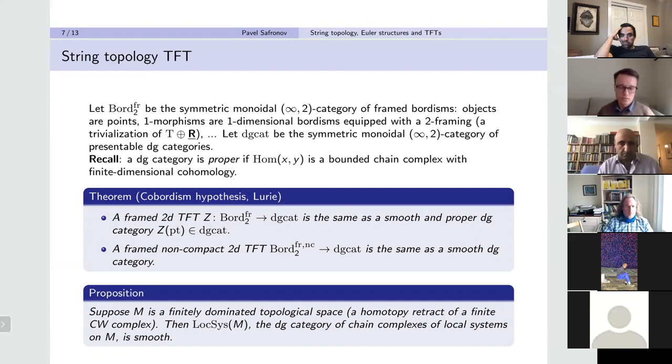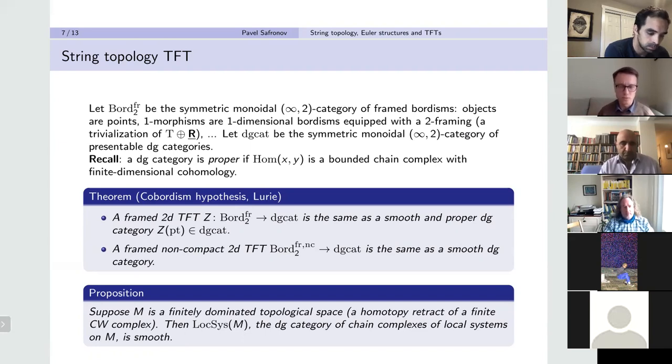Could you say a little bit about how you think about this category you mentioned, that it's nicely presentable, and what its nice property is? Yeah. So this DG category is just all kinds of arbitrary chain complexes.